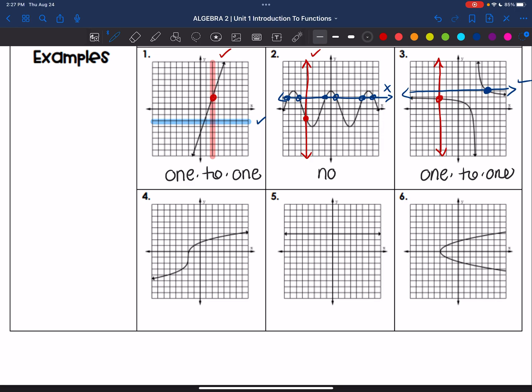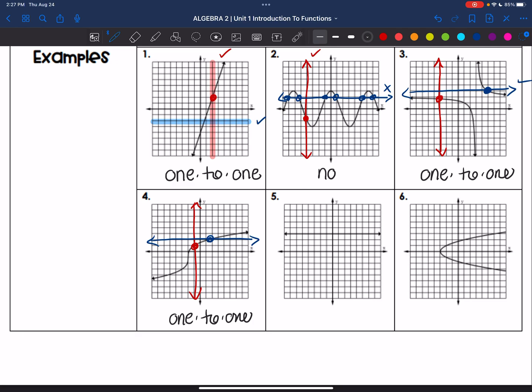What do you guys think about 4? Is this a one-to-one function? It passes the vertical line test. It passes the horizontal line test. So this one is one-to-one. What about 5?